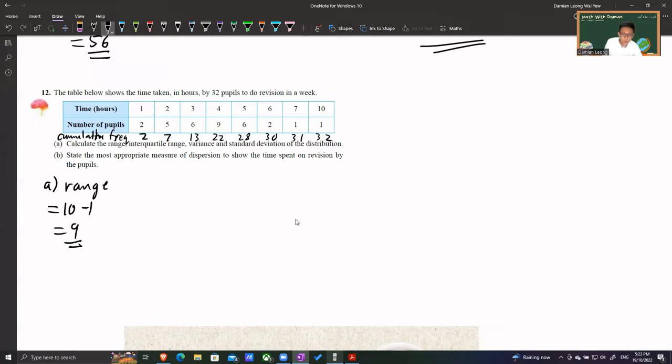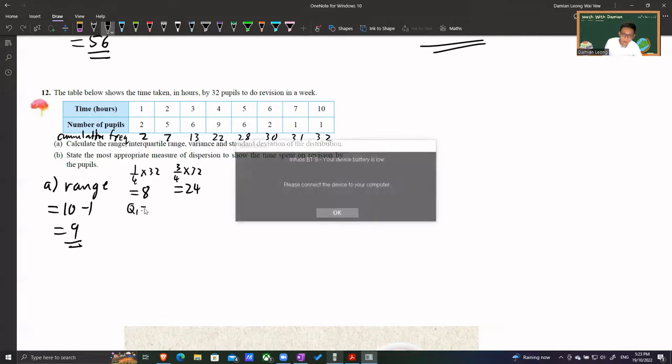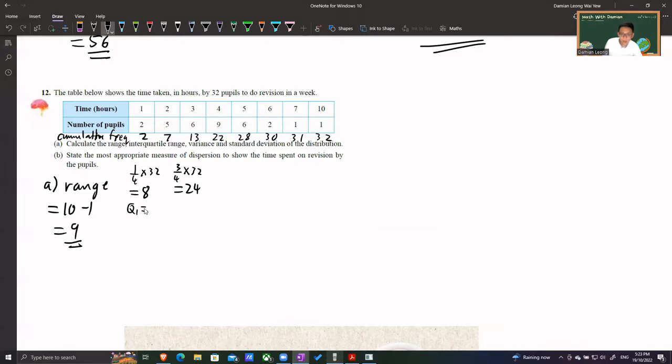So 1/4 of 32 is 8. 3/4 of 32 is 24. So I want the 8th and 24th values. First quartile is the 8th value, which will be 3. Third quartile is the 24th value, which is 5. So interquartile range, 5 minus 3, 2.